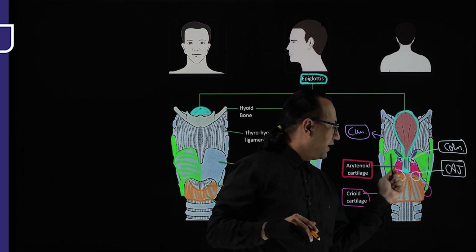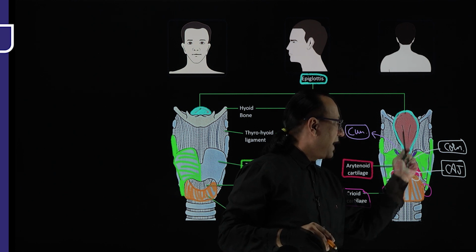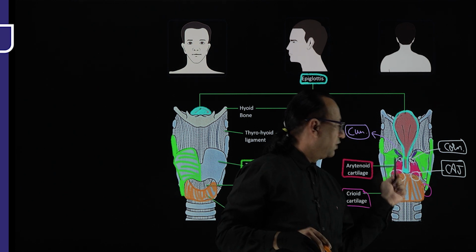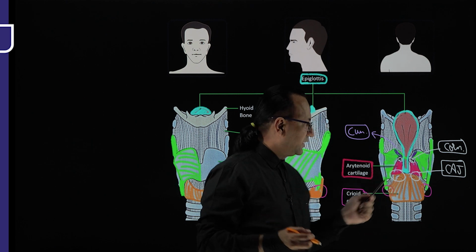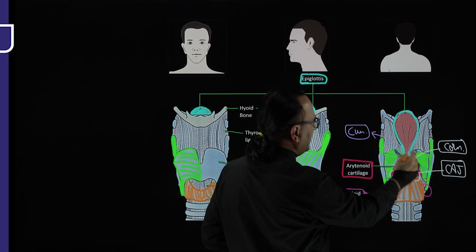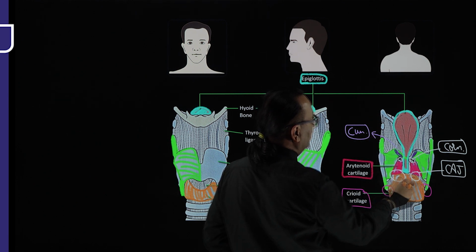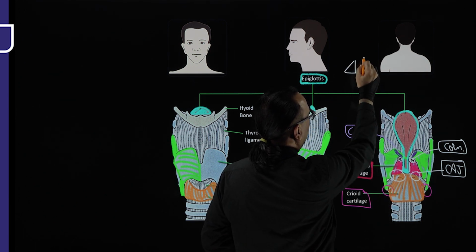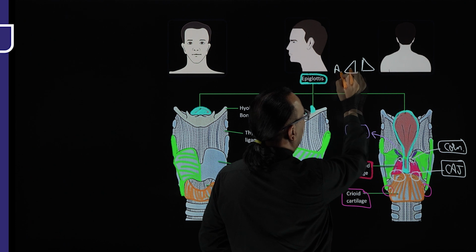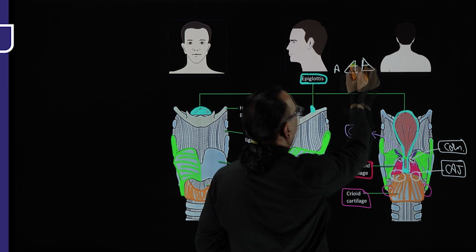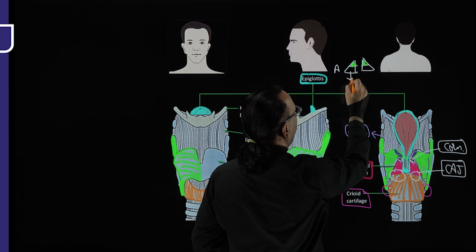The tip of the arytenoid, corniculate, cuneiform and the epiglottis are going to be elastic cartilage. Let me draw the diagram here showing the posterior view of the larynx and talking about the elastic cartilages. Say this is the arytenoid cartilage on both sides, and the arytenoid cartilage at the tip will be made up of elastic cartilage. Rest of it is hyaline.